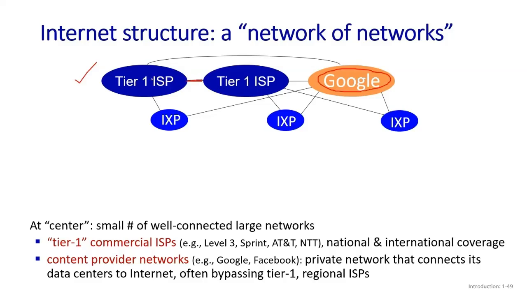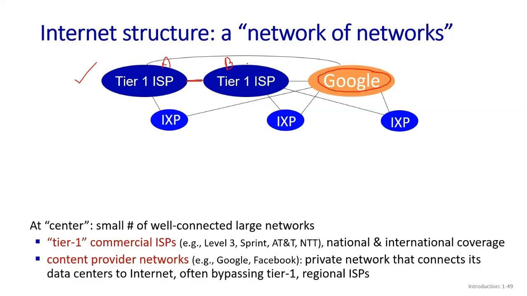Keep in mind, when two global ISPs are connected together, there's no customer or provider relationship between them. Let's suppose this tier 1 ISP is called A ISP, and this is the B ISP.